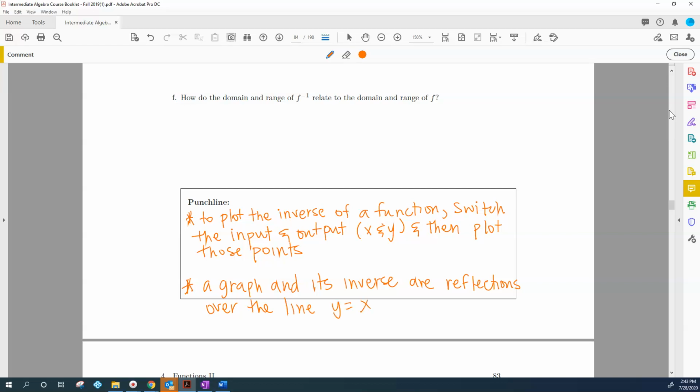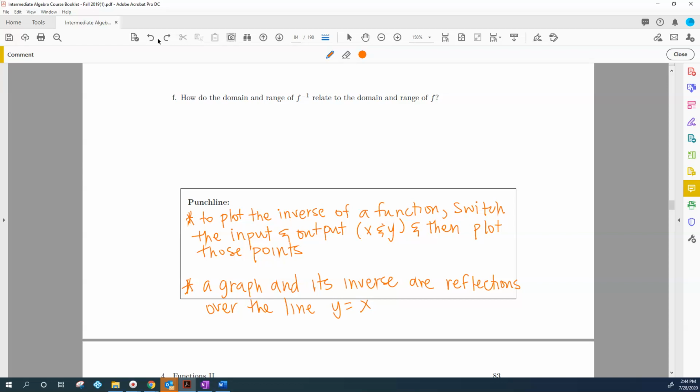Okay, and sometimes they call that symmetric to the origin. You might hear that in 1050 a lot, that they'll talk about that. And that's what they mean. If they say it's symmetric to the origin, it just means it's being reflected across that line y equals x. Okay.